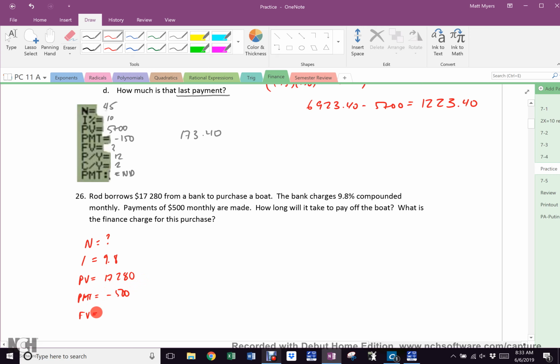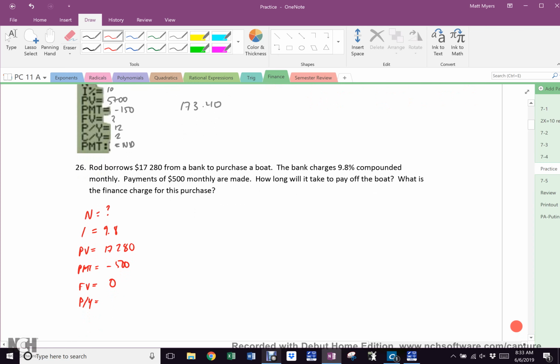What's he shooting for? Zero. He's trying to pay off his boat. Payments per year. How many times he paying it? 12. What's his compounds per year? When is that bank compounding? Compounding monthly. And it's at the end because of course it's a loan. So punch all that in and get me this answer and then tell me what the problem is.